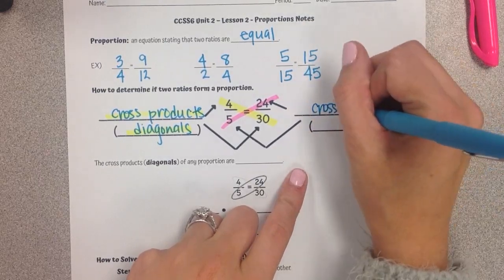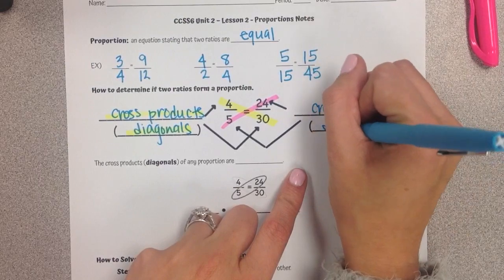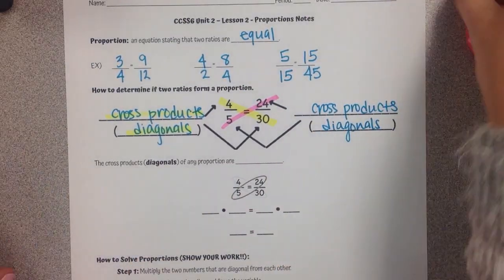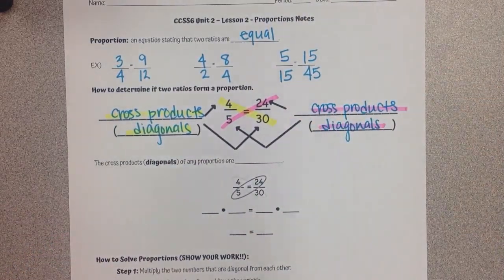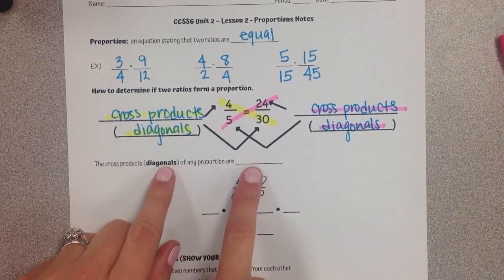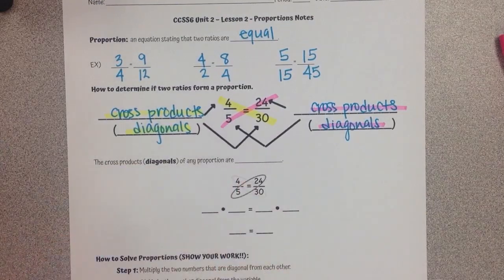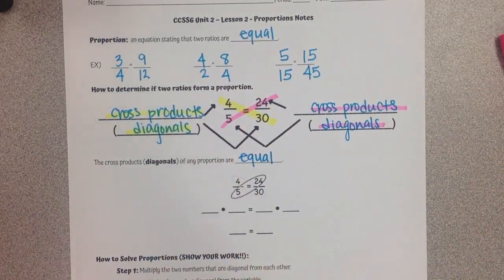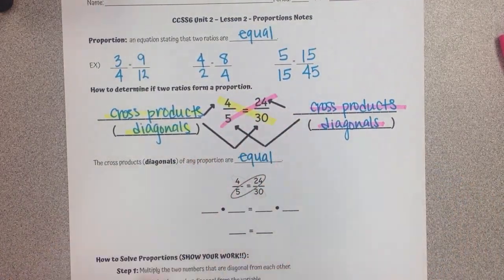So we kind of have two sets of those. So the cross products, or the diagonals of any proportion, and if you think about the word product, that means multiplication, should be equal. So that means if I multiply these two together, it should equal these two multiplied by each other.